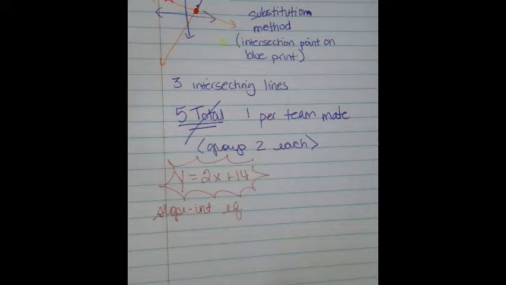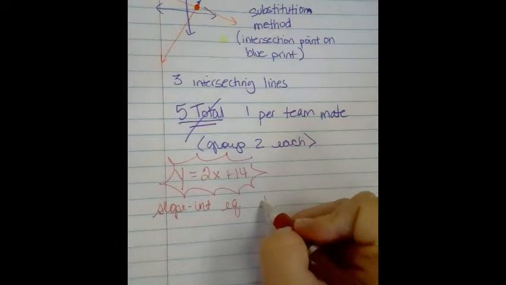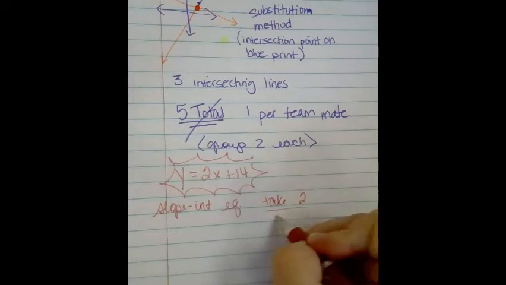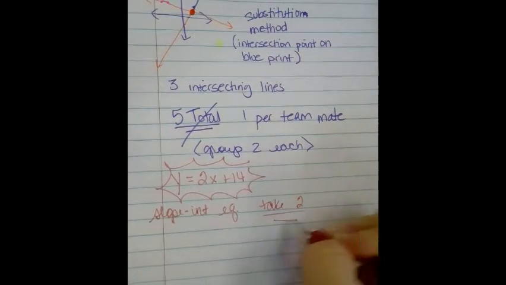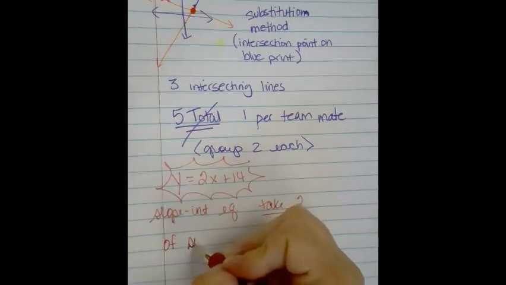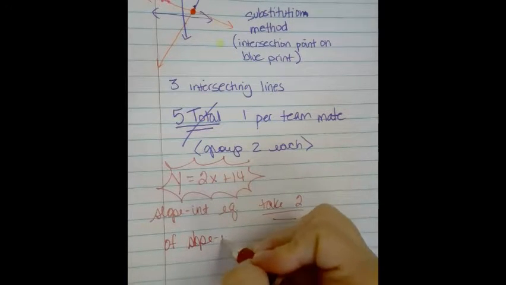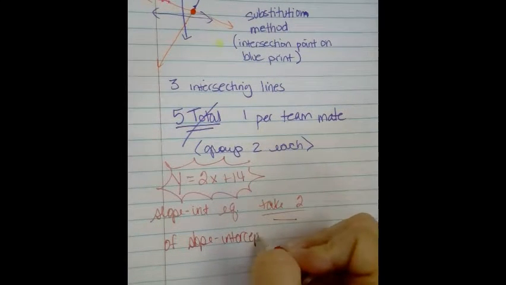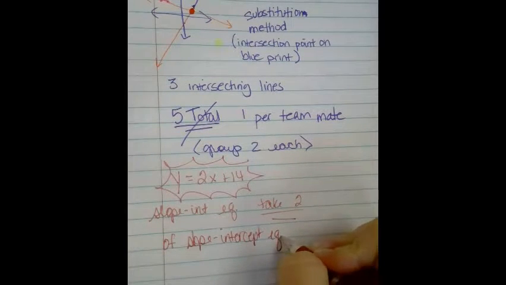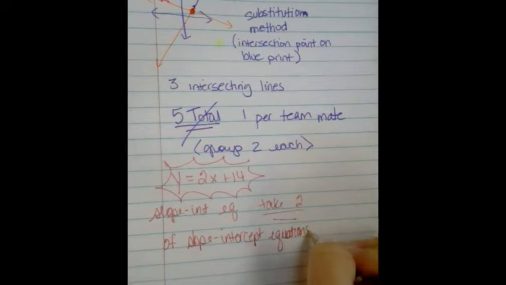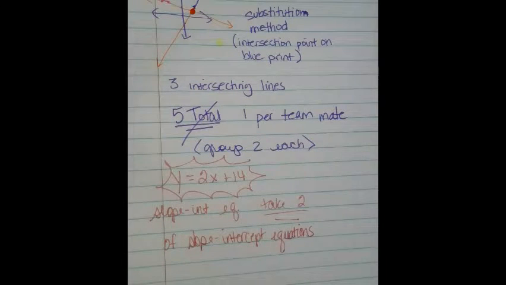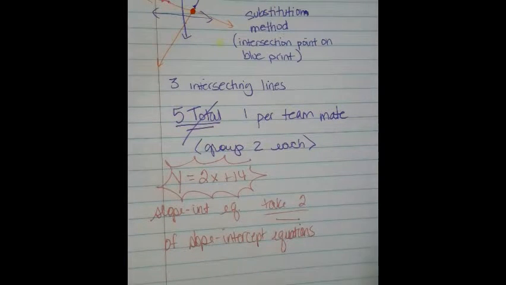So what it basically is saying is you are going to take 2 of the slope-intercept equations. And again, I highly suggest that you look at the map first and identify 2 lines that cross on the map and use those. Or you don't have to. That's up to you. I suggest it, but that's just me.